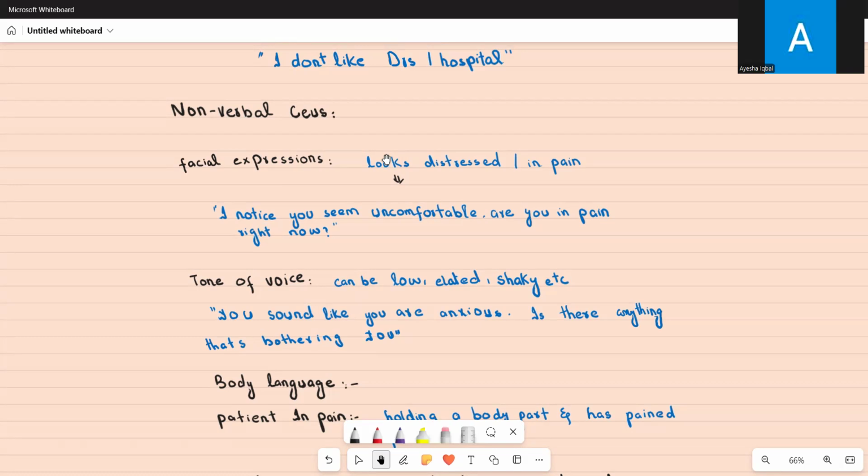Okay, so it doesn't look nice that the patient is sitting there and they are clearly in pain, and you just ask them, "How can I help you?" And the patient feels like you are not actually looking at them. You are not actually seeing them as a person, and the examiner also notices it. So instead of that, you can say, I notice you seem uncomfortable. Are you in pain right now? If the patient says yes, then explore the pain further.